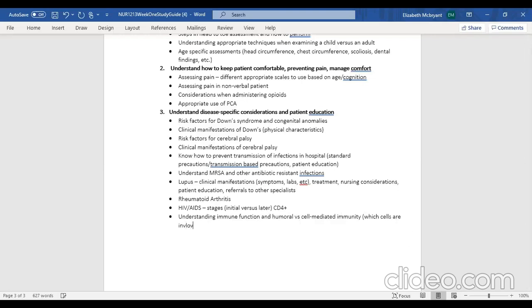And how they relate to anaphylaxis and hypersensitivity, right?